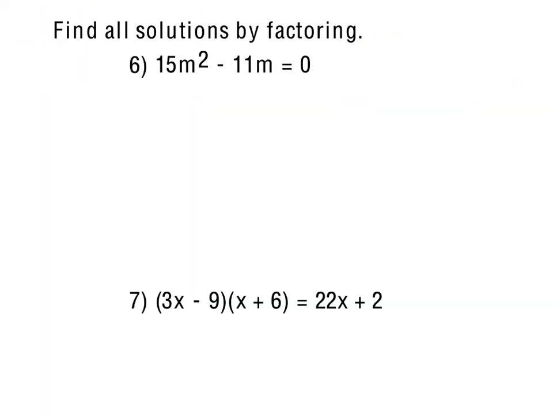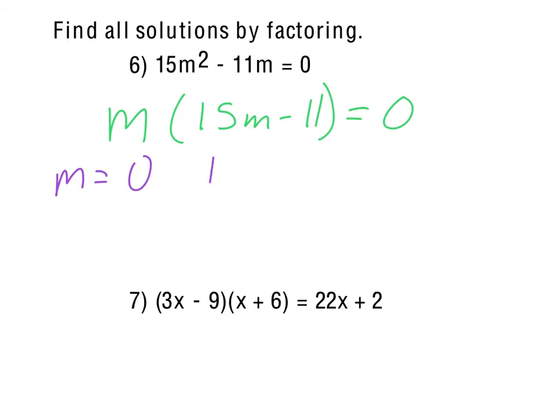Starting with number 6 here, we're solving equations by factoring. So really I'll be looking for both the factored form and the solutions. For number 6 we can factor out an m, and so if we do that we get 15m minus 11. It does not factor any further, so we set each factor equal to 0. m equals 0 is already solved. 15m minus 11 equals 0.